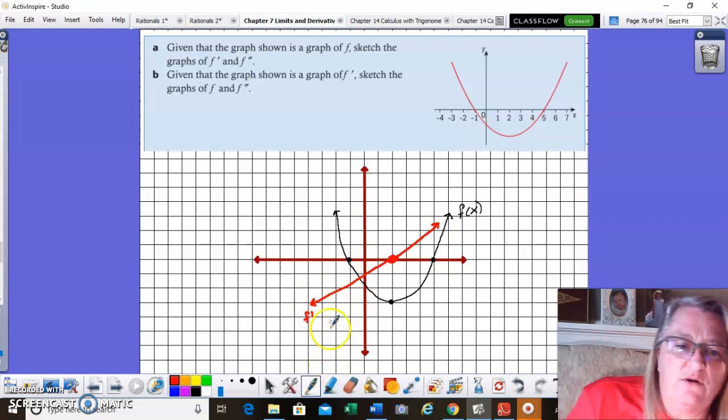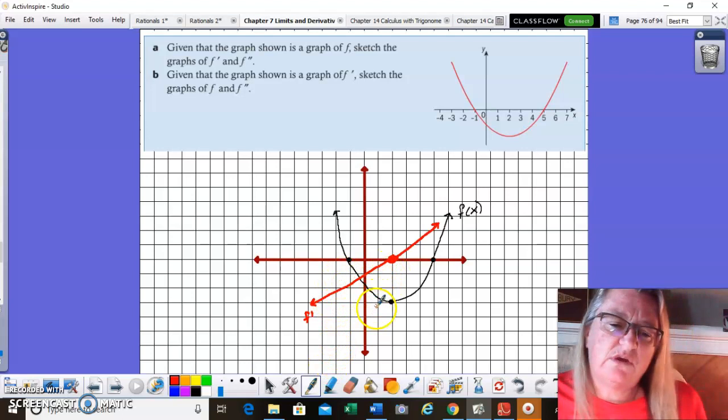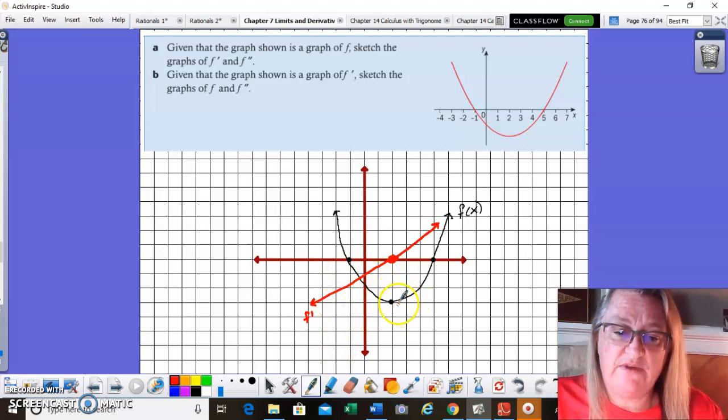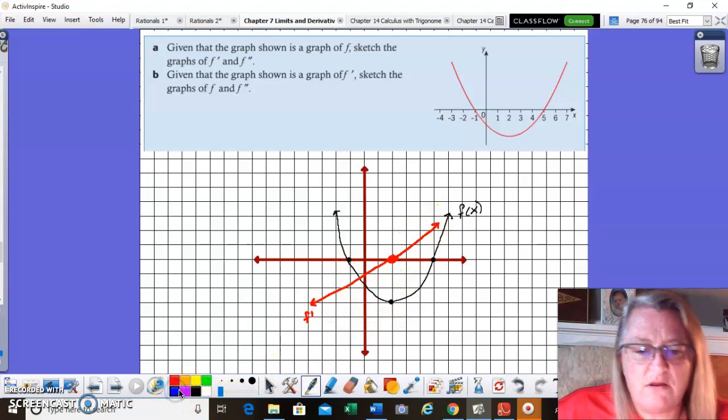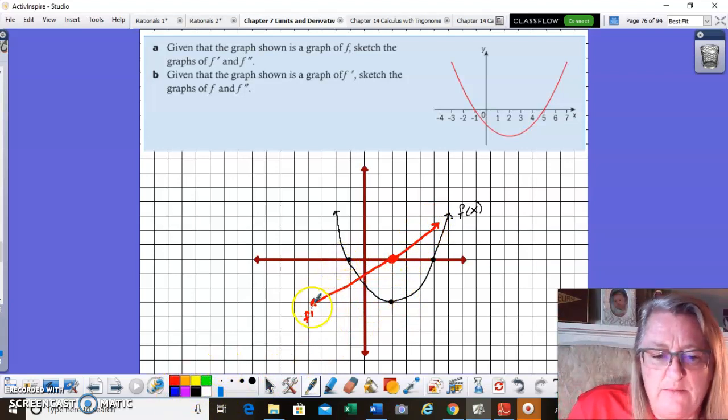Okay, now I need to make the second derivative. So kind of lose focus of that black one right there and just focus real quick on the red one. So what do we got going on? Well, the entire time, this thing doesn't have a maximum or a minimum.